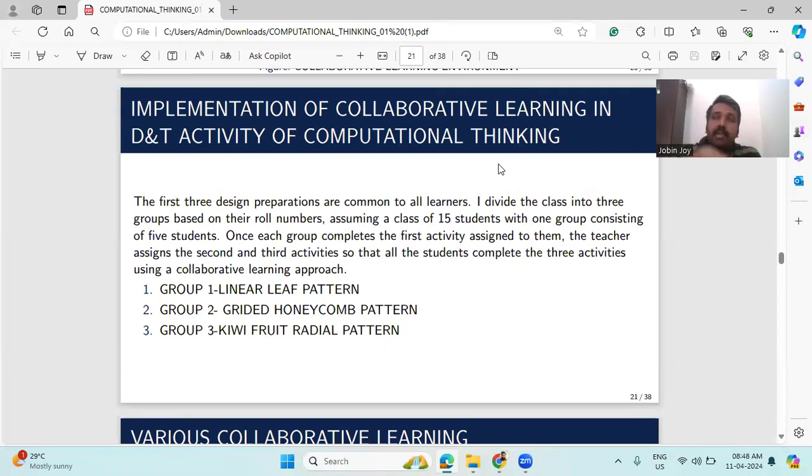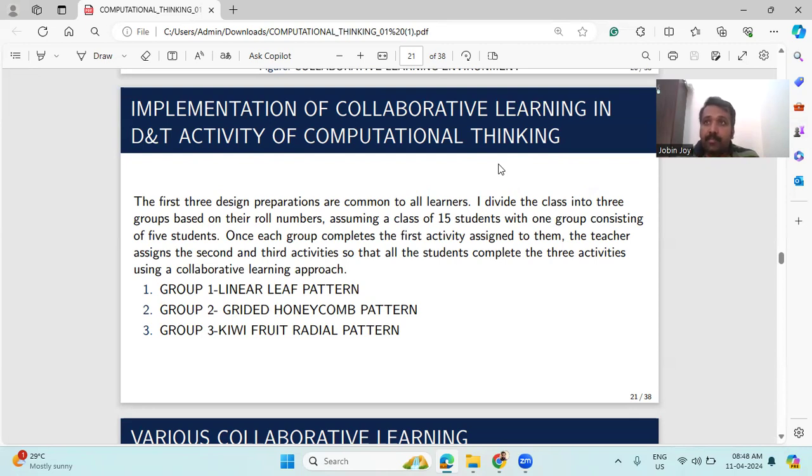Here is another advantage: group 1 students already finished the linear leaf pattern activity, and now group 3 students are doing it, so they can interact with each other. If there is a confusion or a doubt, they will discuss it with each other so that they can work together, collaborating, group 1 and group 3 students.